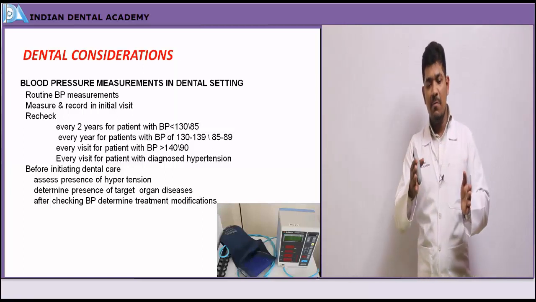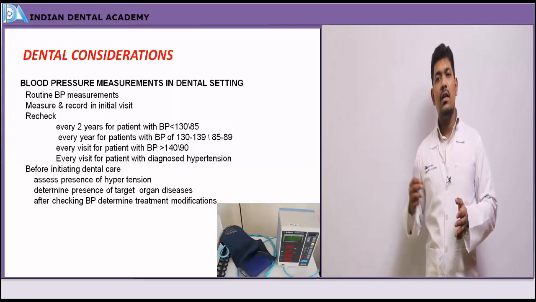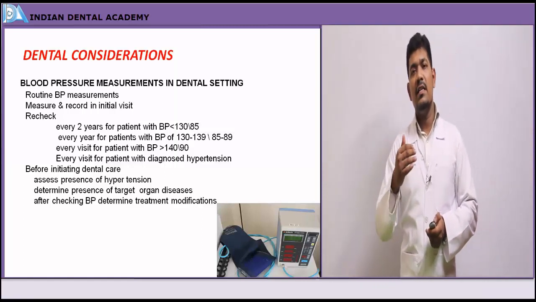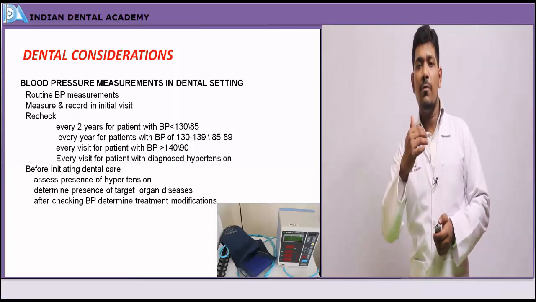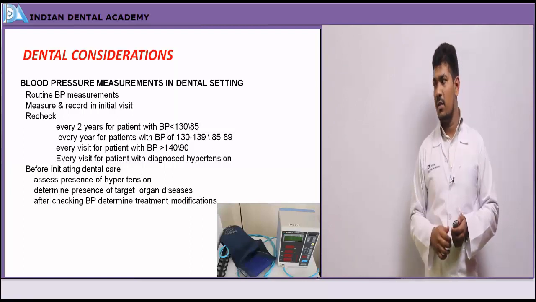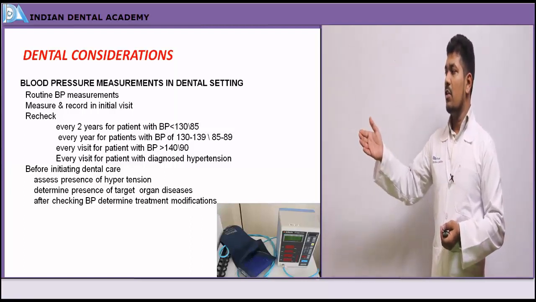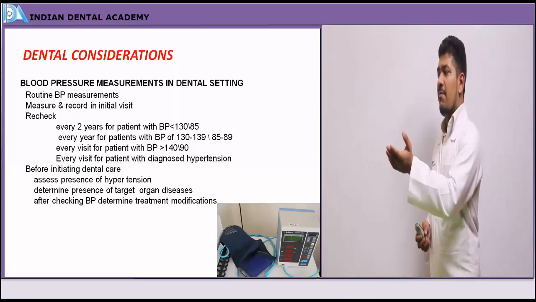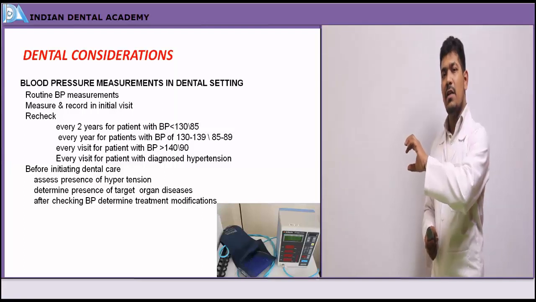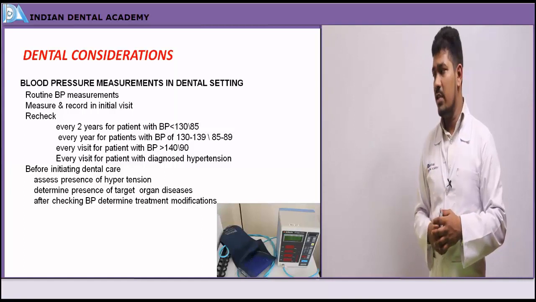So, basically, evaluation of the risk factors, the present condition, as well as the measurement of the BP decides at what frequency we check the BP on the subsequent visits of the same patient. Now, if we see a patient with pre-hypertension or stage 1 hypertension, with BP in the range of stage 1 hypertension, every year it is mandatory that he gets his blood pressure checked.